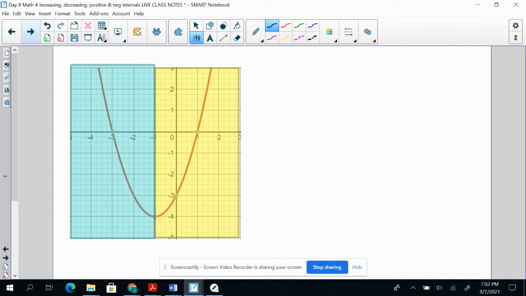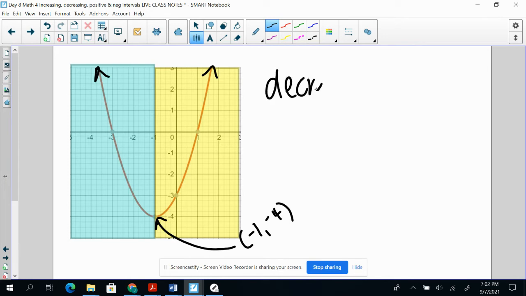This is not your parent function. So our vertex down here, we have -1, -4. But remember, again, we're only focused on x values because it's domain. It is a positive, so that means we know it's going to start decreasing. So because this is a positive quadratic, we know it starts decreasing. And the left side, because we're reading left to right, is always negative infinity.